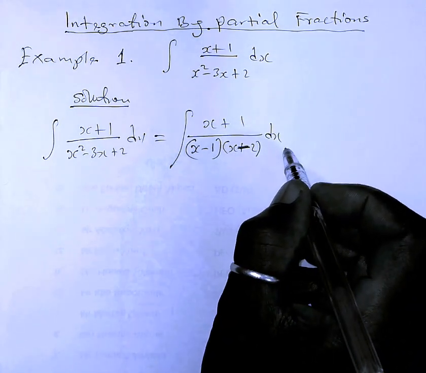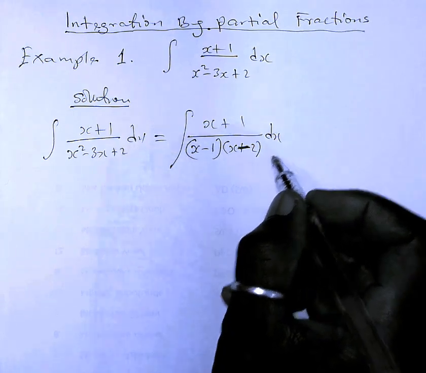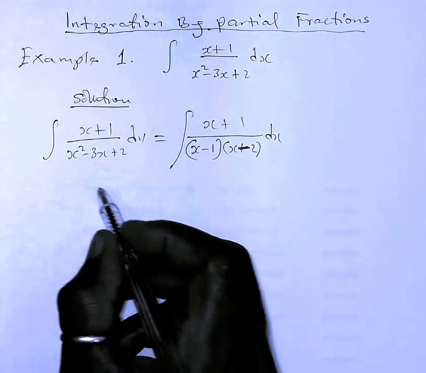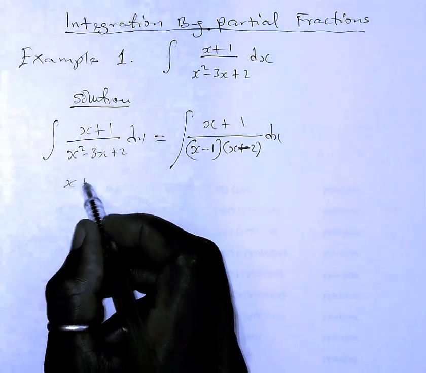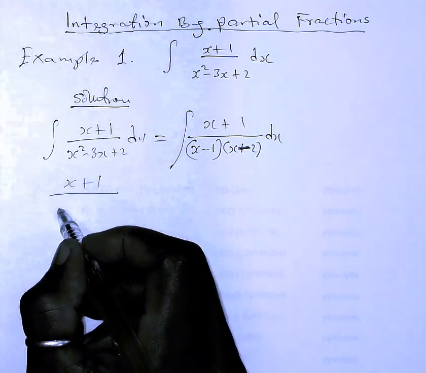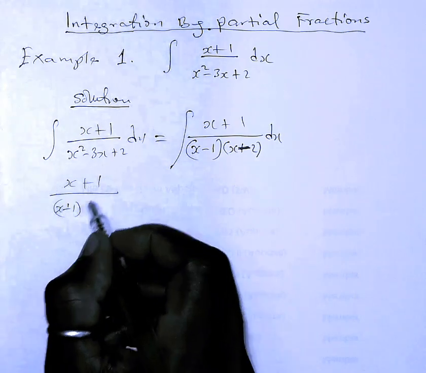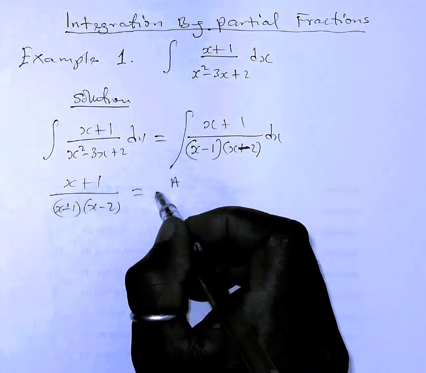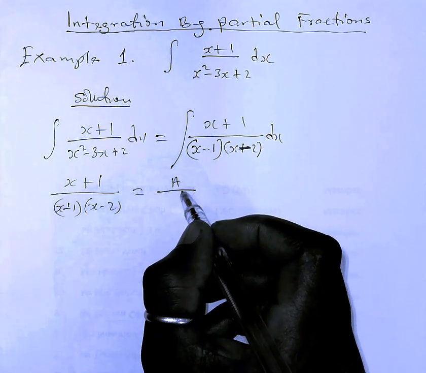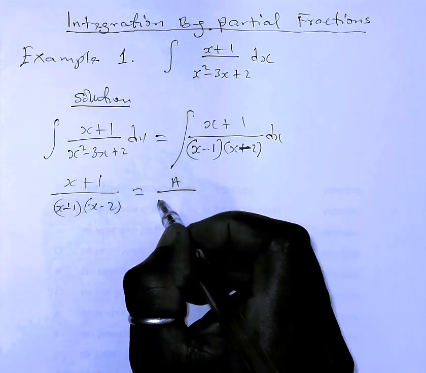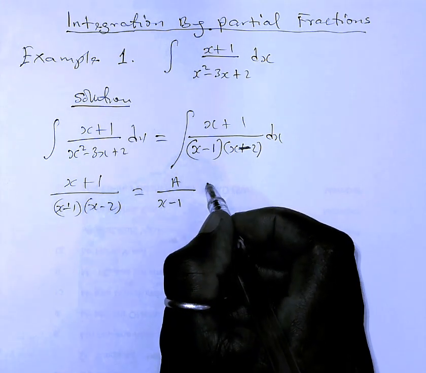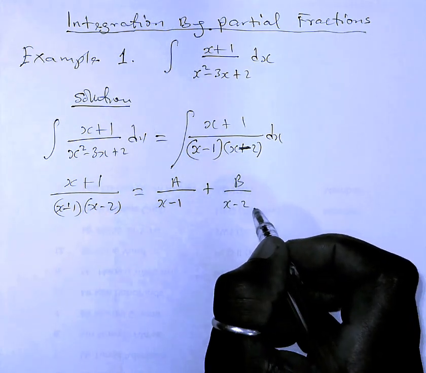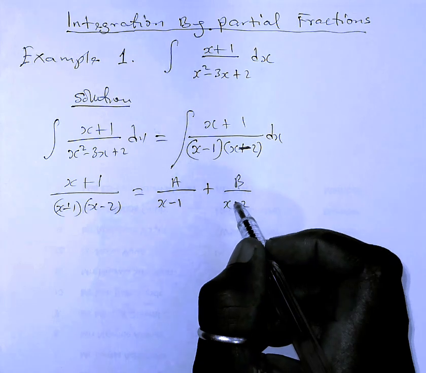Since we are dealing with partial fractions, without the integral, x plus 1 all over (x minus 1)(x minus 2) is equal to A all over x minus 1, where A is an arbitrary constant, plus B all over x minus 2. So we need to find the unknowns A and B.